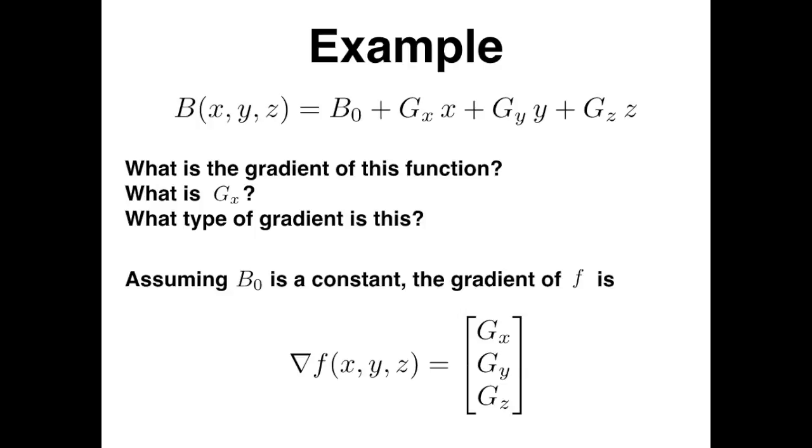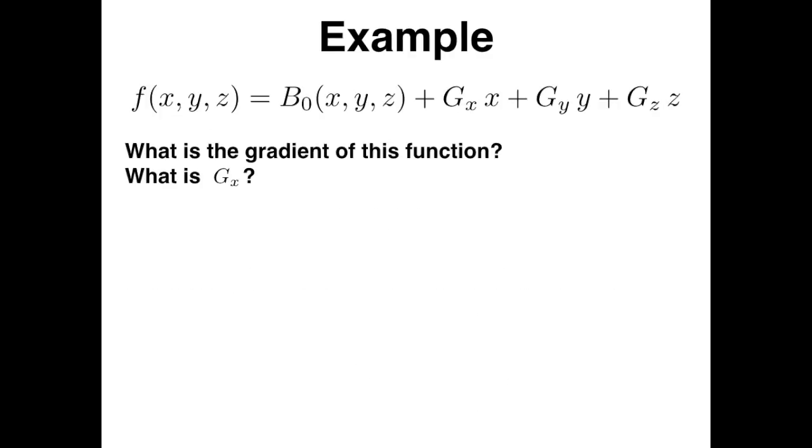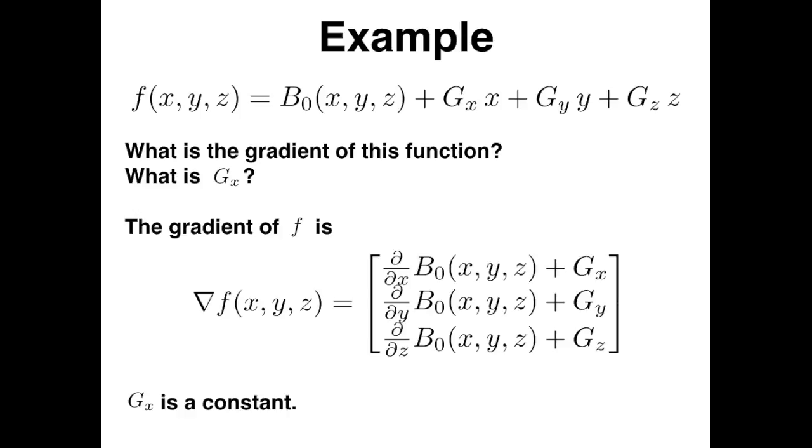This gradient is constant. Now, if b sub naught is not a constant, if it itself is a function of x, y, and z, then the gradient of f is defined this way, involving the partial derivatives of b naught. And again, g sub x, g sub y, and g sub z are all constants.